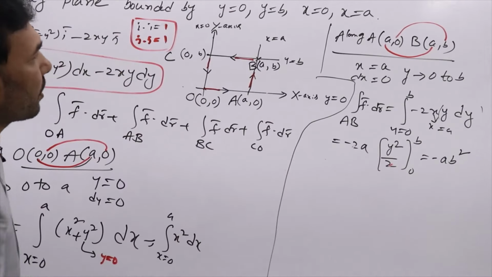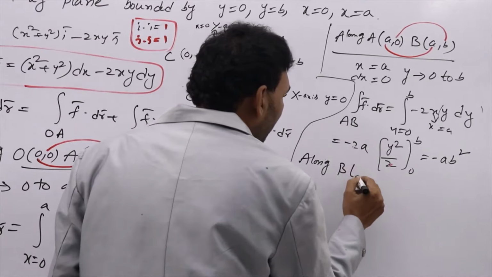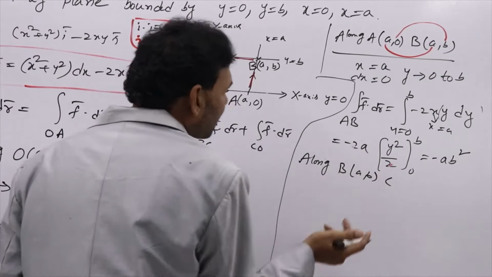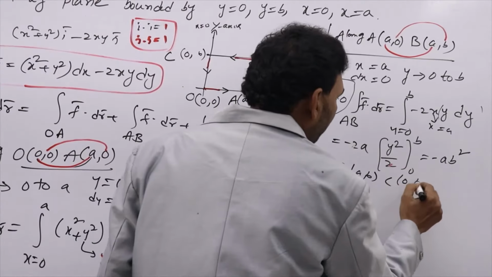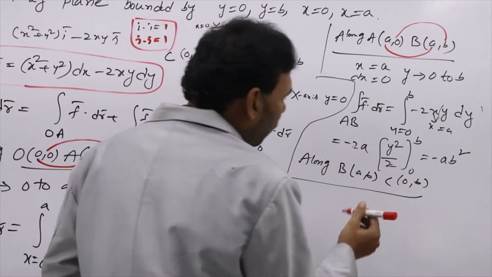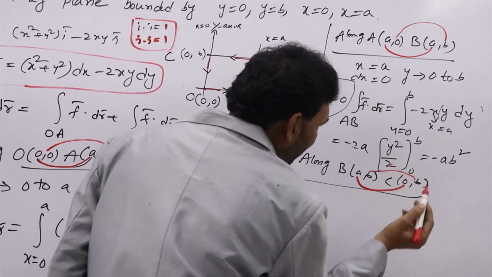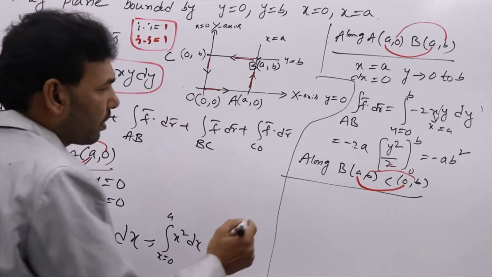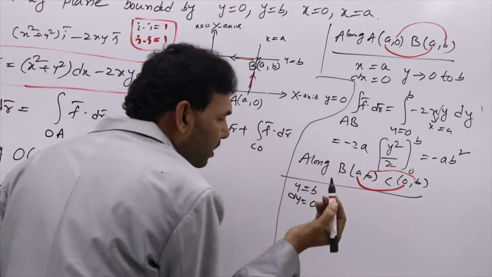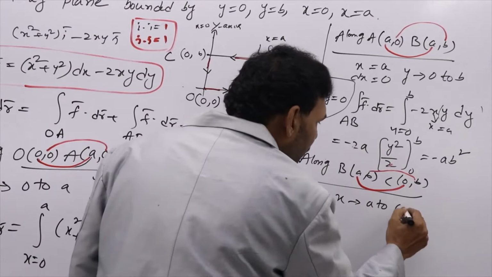Coming to the next direction, BC. Along B, A comma B to C, 0 comma B. Again check, the x coordinate is varying from A to 0, y is not varying, it is constant, y equal to B. So the differentiation of a constant is 0, and x is varying from A to 0.